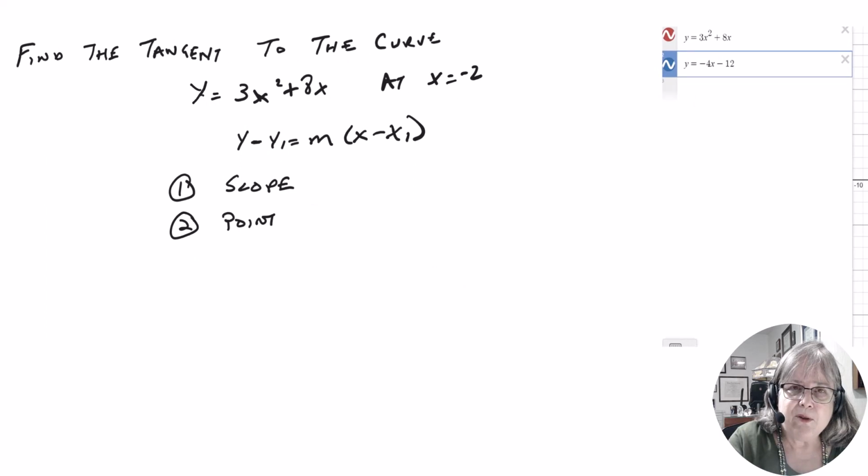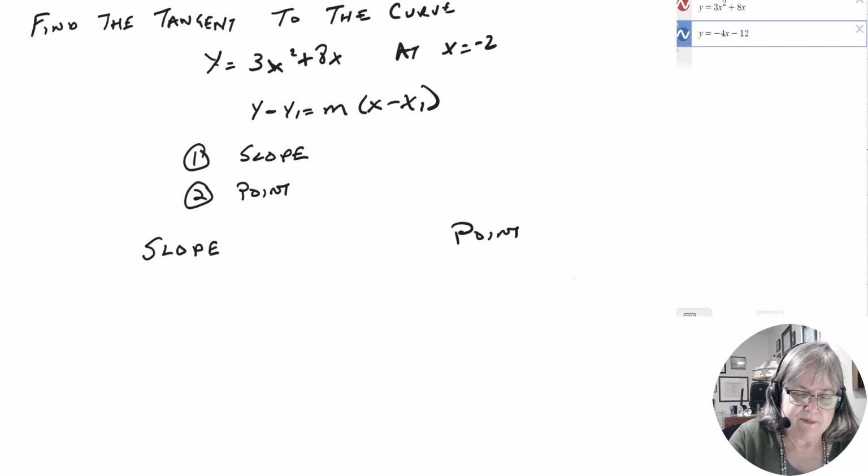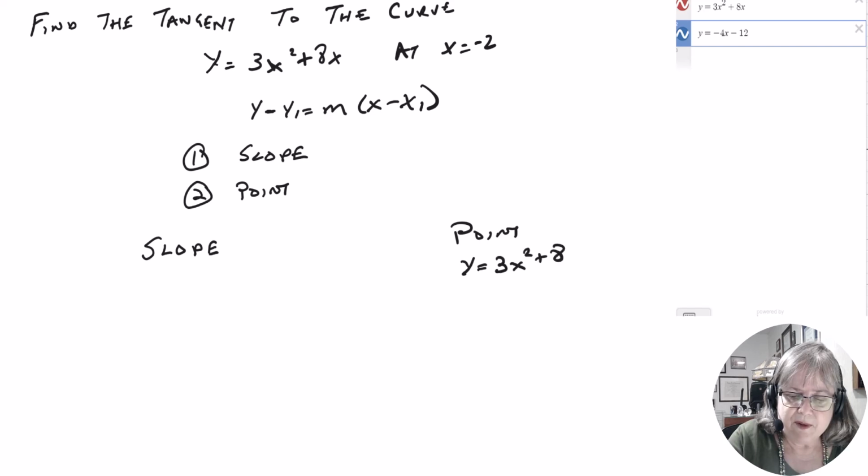Now, you know how to get an instantaneous slope at a particular x. You take the derivative. So let's start these two things off. We're going to find a slope and we're going to find a point. Okay? Now, let's talk about the point for just a second. You have this curve, and you know that x is supposed to be minus 2.